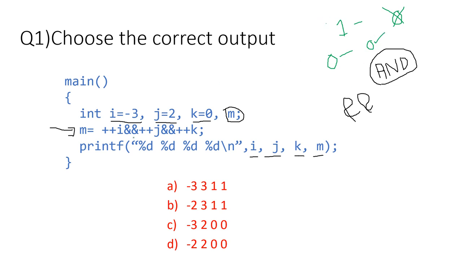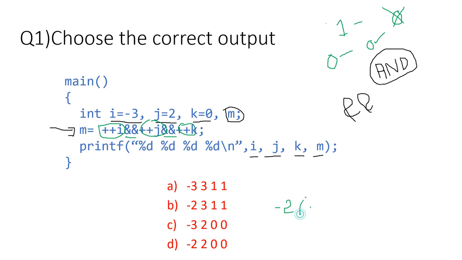Here before the logical AND we have the pre-increment operator for all the three, i, j and k. Initially the value of i is -3, so ++i becomes -3 plus 1, which gives you -2.